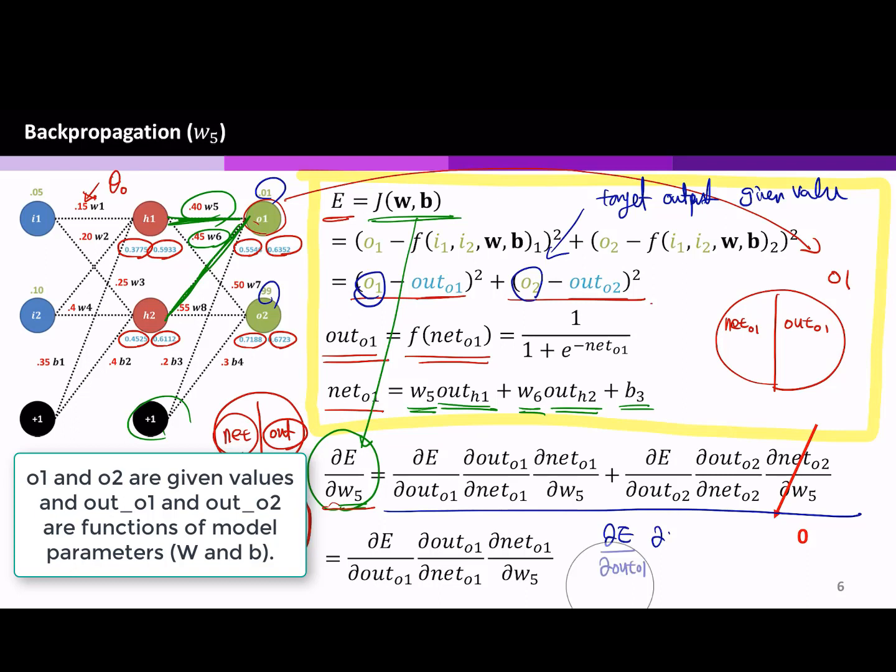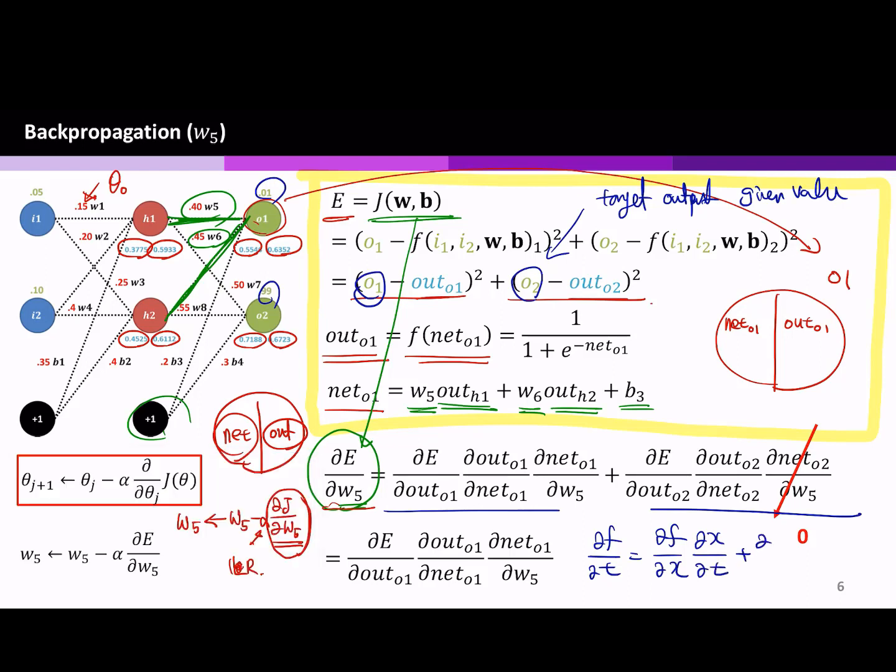Okay, before that, f_t is equal to partial f over partial x times partial x over partial t plus partial f over partial y times partial y over partial t, right?